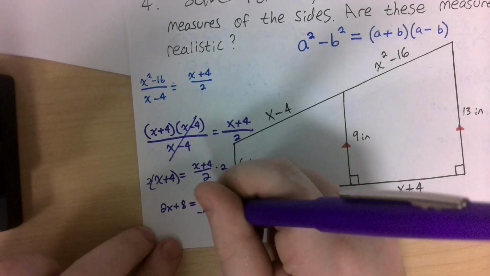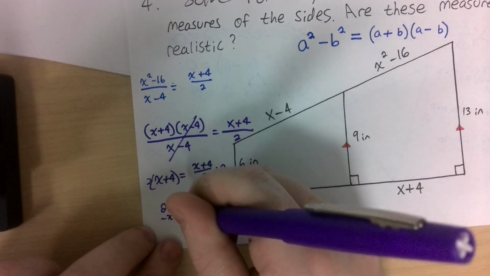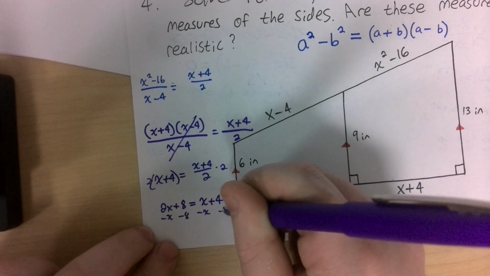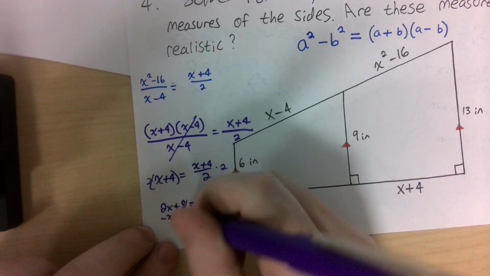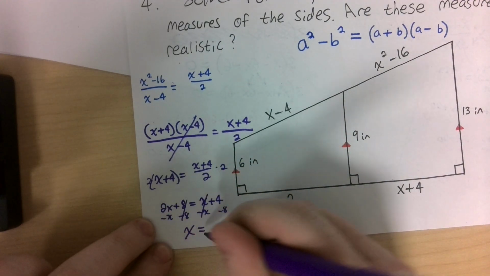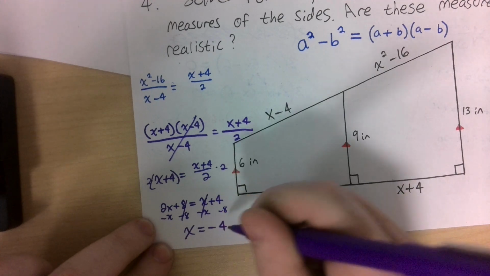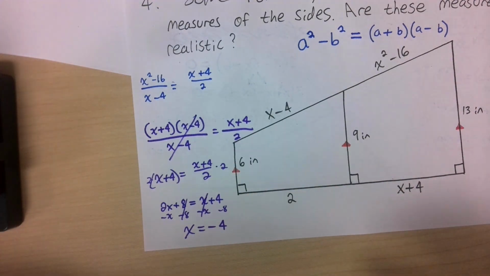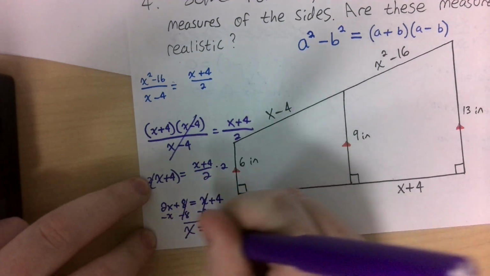Simplifying this out, I get to subtract x from both sides, and I'm going to minus 8 from both sides to cross these off. 2x minus x is just x. 4 minus 8 is negative 4. We've done it. We didn't even need to do any big factoring problems. This is just x equals negative 4.